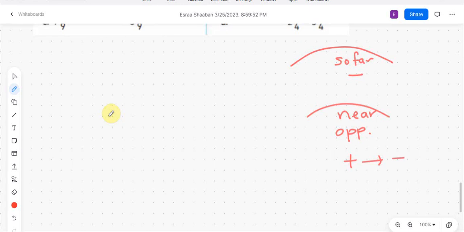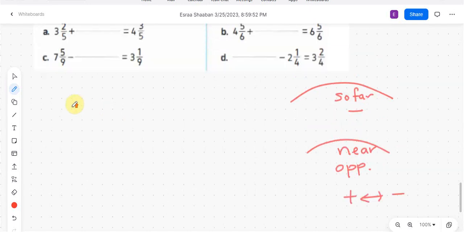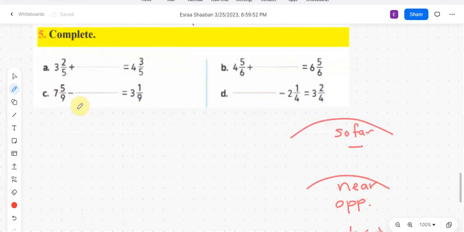If it's minus, I will make it plus. Like here, letter A, 3 and 2 over 5 plus which number equals 4 and 3 over 5. This is far, so it means minus. Okay? So I will subtract 4 and 3 over 5 minus 3 and 2 over 5, because this is a bigger number minus the smaller number.